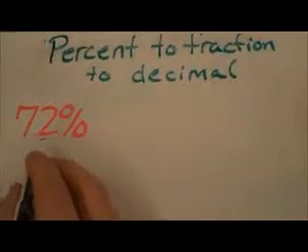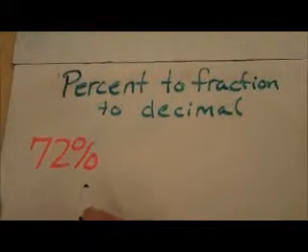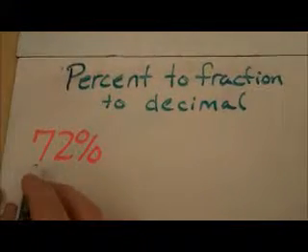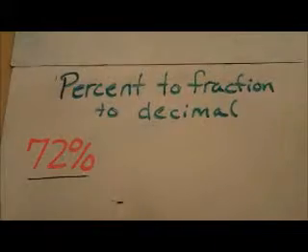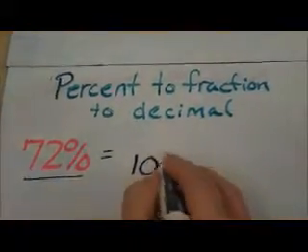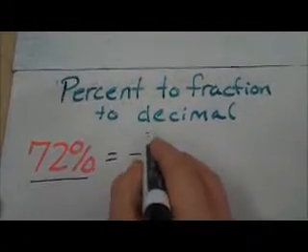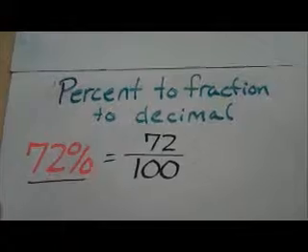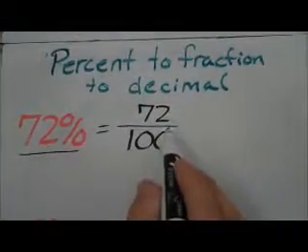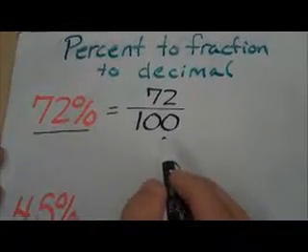I'm going to first start down here with 72%, and the question asks that I've got to make it into a fraction and into a decimal. If I've got 72%, I need to remember that percents are out of 100. So I've got 72. So that just means I've got 72 out of 100. Now if you think of this as a fraction, I've got 72 hundredths.